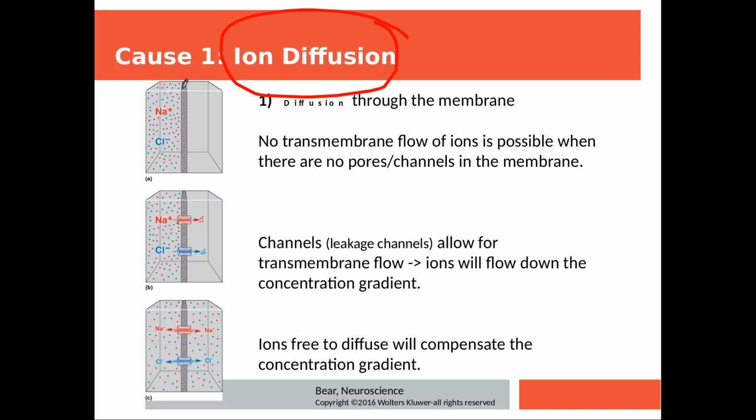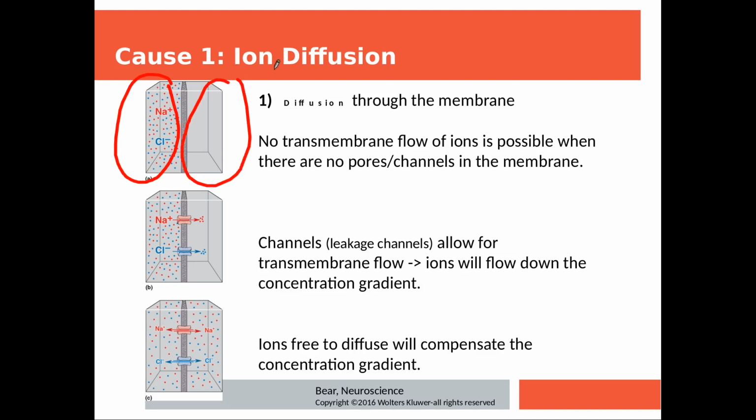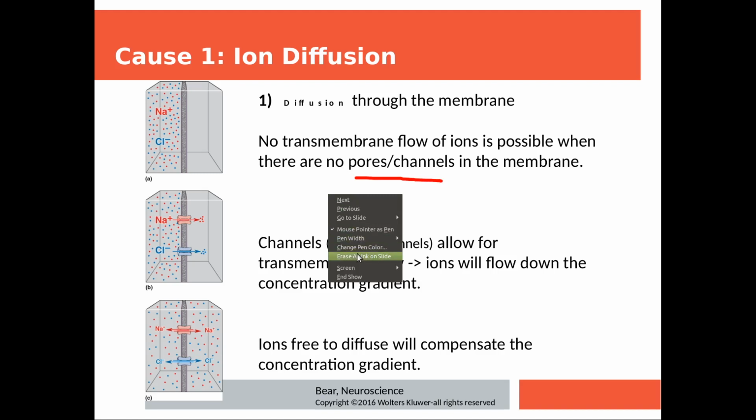First of all, if we didn't have any channels in the membrane, no holes, no tunnels in the skin, then the situation would look like this. One side, wherever all the ions started, would have all the ions. The other side would just have pure water, because nothing can travel between them, since there are no tunnels, pores or channels to travel through.